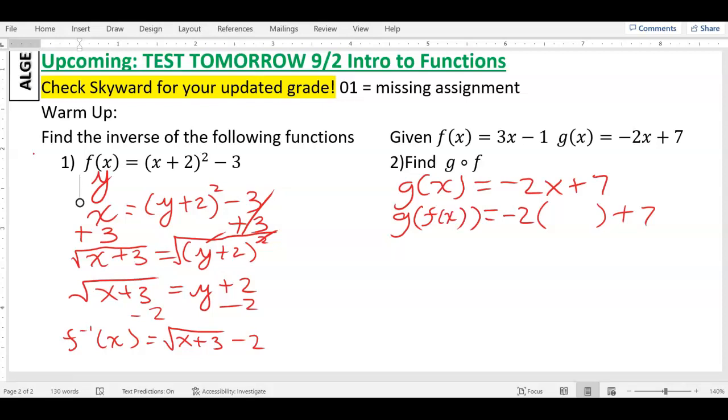And what goes in the other blank? What f of x equals, which is 3x minus 1. Oh, shoot. All right, now, next step. Where did 3 come in? Right here.